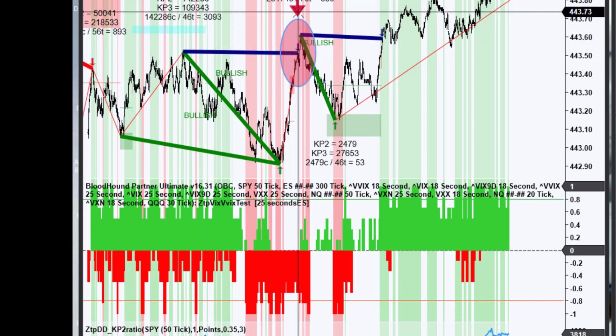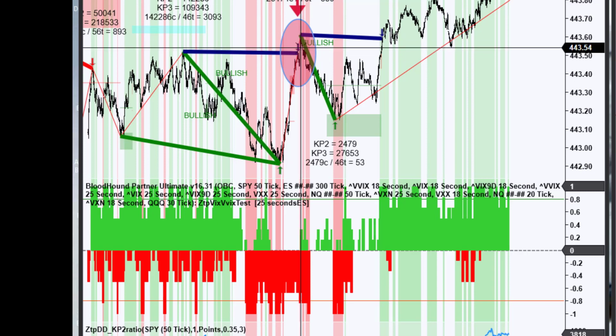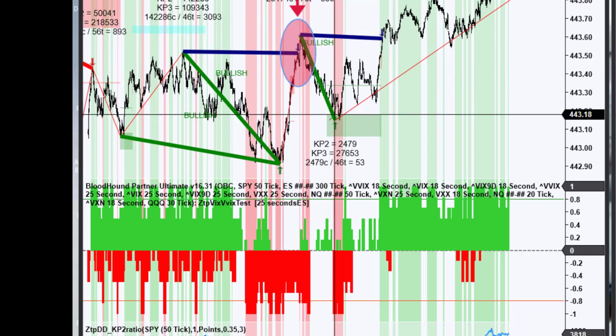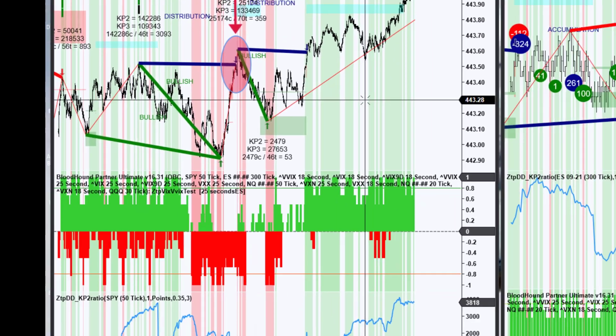At the same time, we did have the VXX giving us a sell signal. Price traded up literally just a couple of ticks until it traded down in our favor. But because the signal itself went red, I've marked that as a loss.